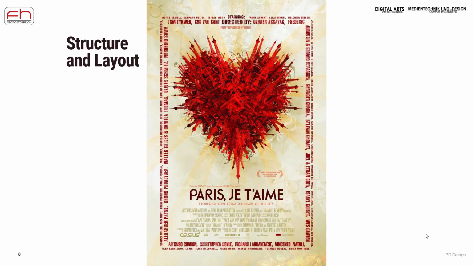Okay, so when it comes to structure, let's talk about structure because I think this is super important. This is Paris Je t'aime. It's a very cool movie. And if you try to understand the movie just looking into the posters, and if you watch the movie, of course, everything is obvious when you have all the information, right? But if you do not watch the movie and you try to guess what is going on, that's the catchy thing about the poster.